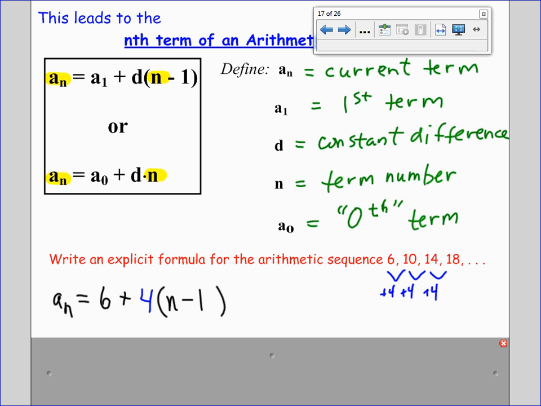That would be this first form. Or perhaps one that we like more would be the second form. a sub n equals the 0th term plus rate of change, constant difference, times input n.